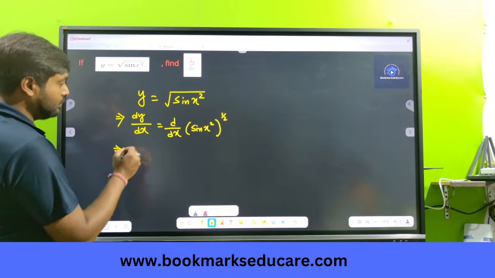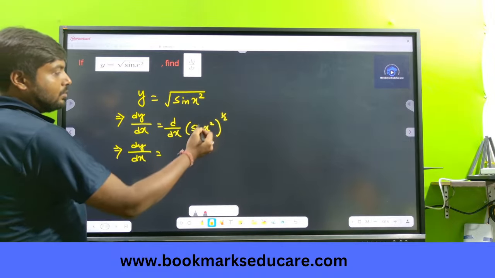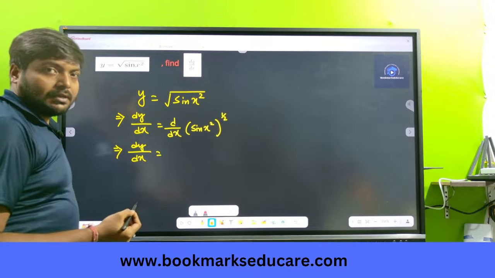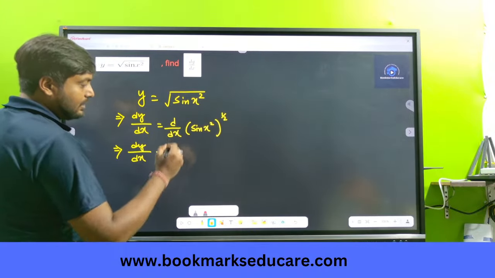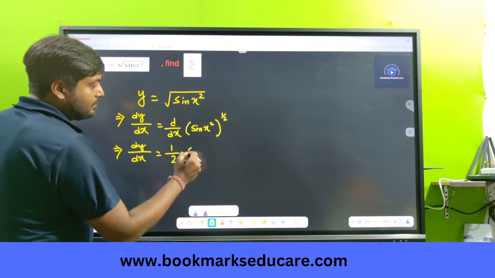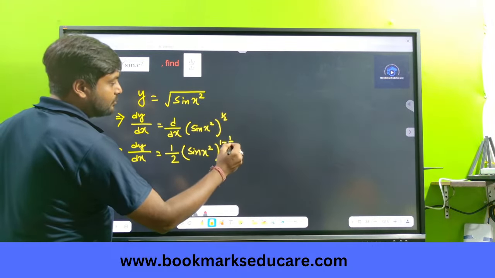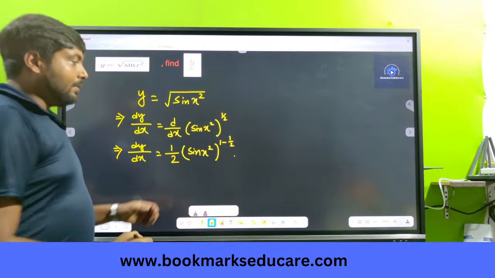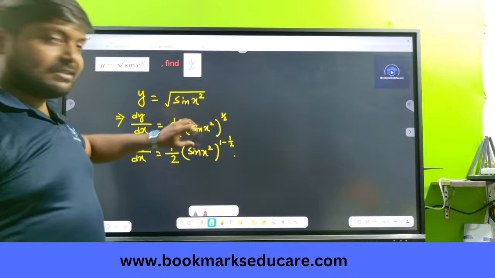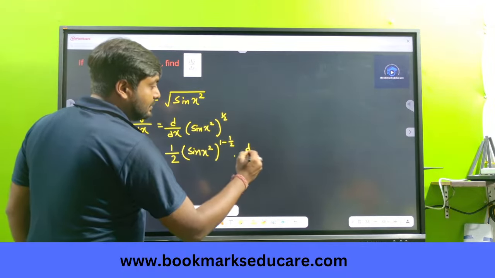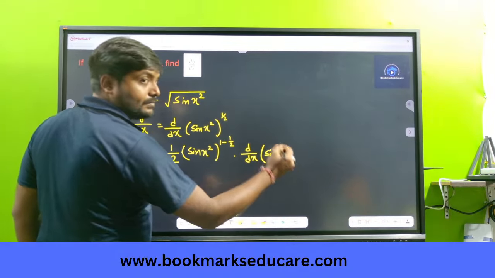Now dy by dx equals, so we will apply the chain rule in this sum. First 1 by 2 will come in front, and then it will be (sin x square) whole to the power 1 minus 1 by 2. But we have to differentiate the function inside this bracket, that is d/dx of sin x square.